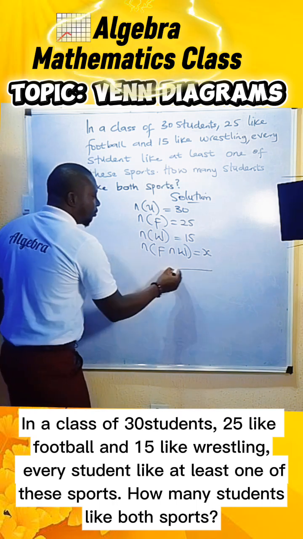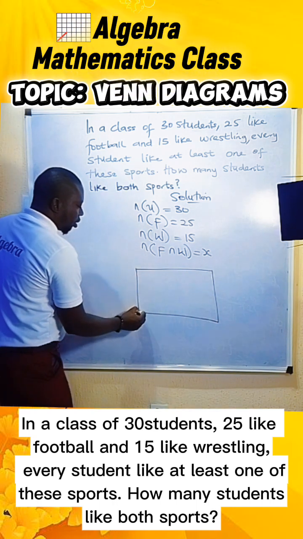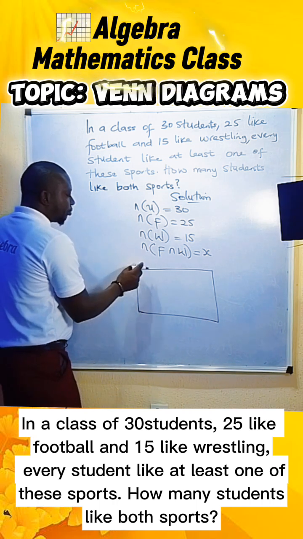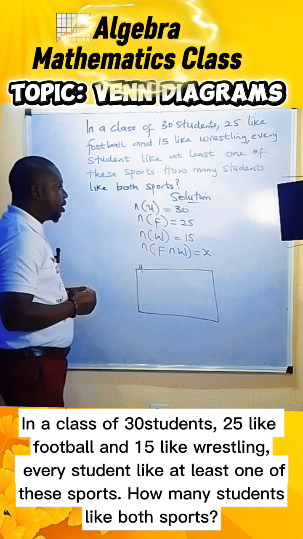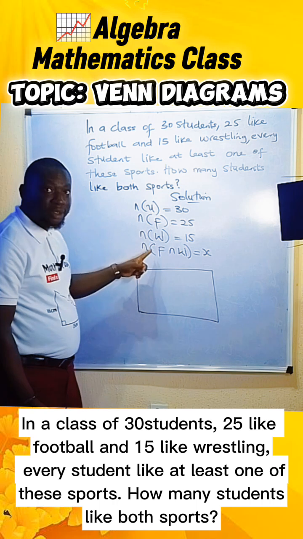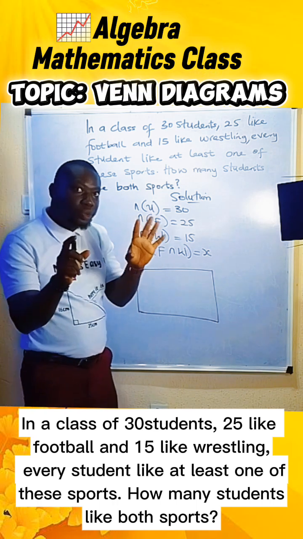I will have this. My universal set is here. Now I have two subsets, F and W, football and wrestling. So I'm going to draw two circles.